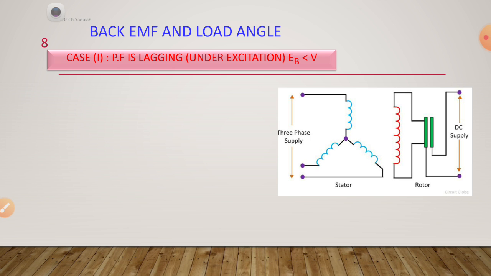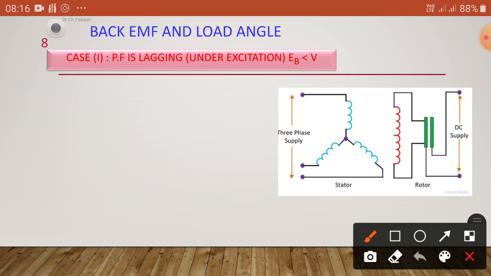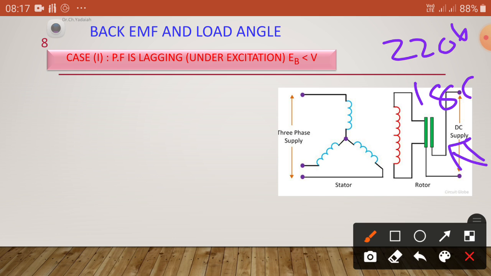Now, in the first case, the power factor is lagging under excitation. That means the DC supply given to my rotor poles is less than the terminal voltage; instead of 220 volts I am giving only 180 volts.